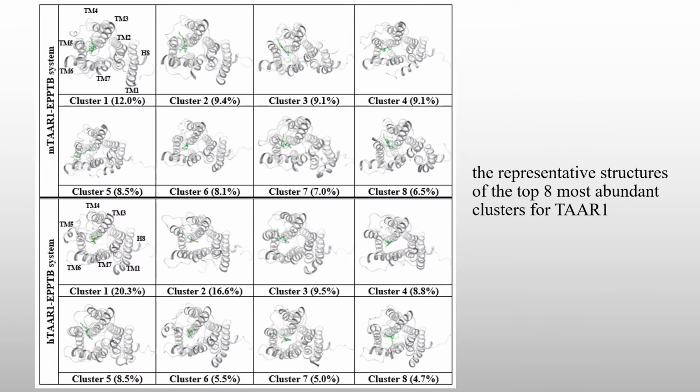And once we ran the MD simulation on the human and mouse TAR1 EPPTB complex, it gave us the 8 different clusters for the mouse and the human TAR1 EPPTB complex.